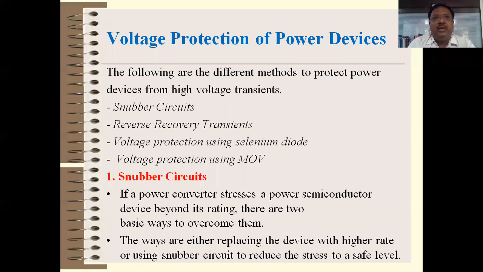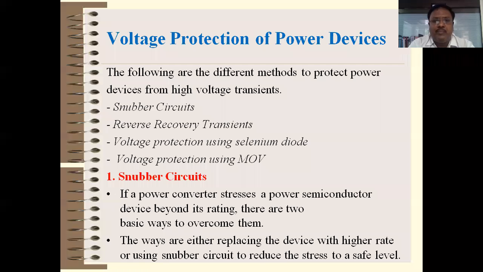Voltage spikes may be generated from various sources, for example lightning surge, or sometimes EMI interference, etc. So that also damages your power devices, right? So we should protect our power devices from any change in voltage or any high voltage spikes which may appear across the device, and that may damage your devices.